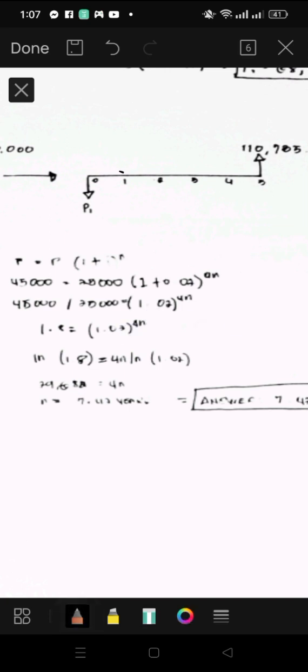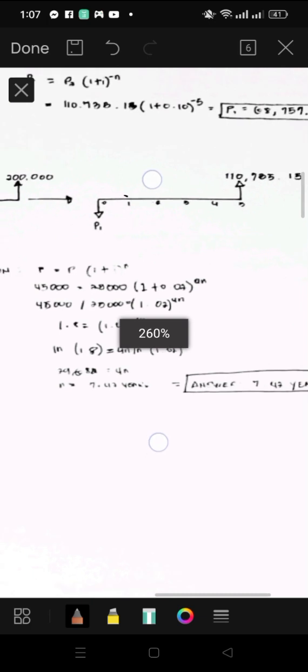Let's use the technique of shift solve. So 45,000 alpha calc, then 25,000 and the quantity 1 plus 0.02 raised to the power of 4 alpha x, then shift solve and equals.